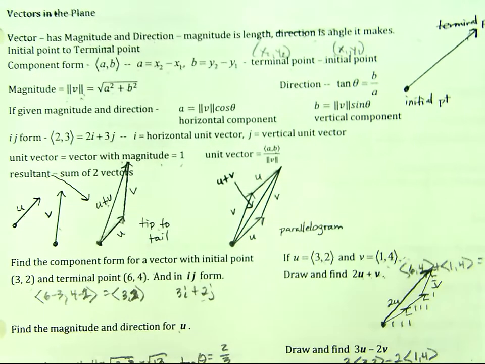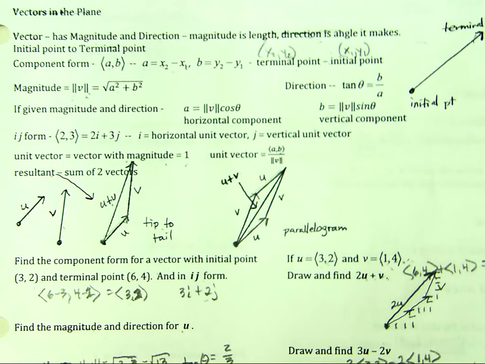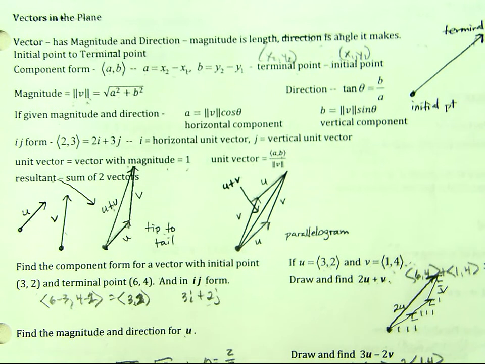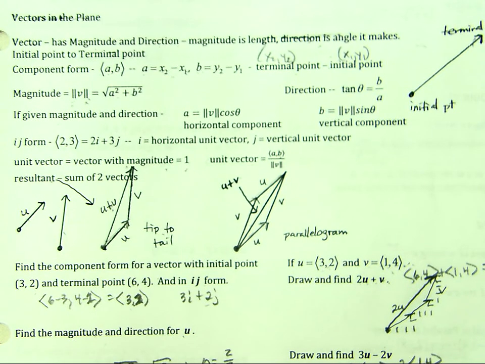The horizontal component would be like, let's say you had a rope attached to a box and you're pulling it across the floor. If you have the rope at an angle, part of your pull is pulling the box along the floor. That's the horizontal component. But part of your pull is kind of lifting up on the box a little bit. That's your vertical component.